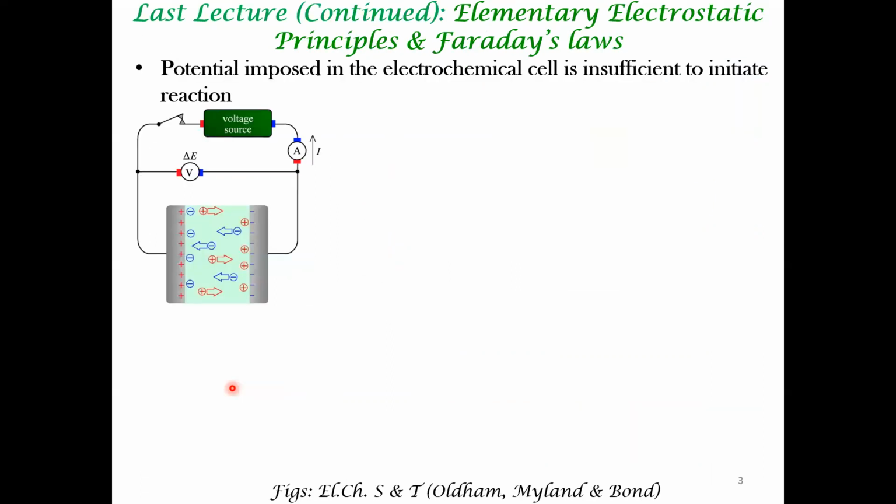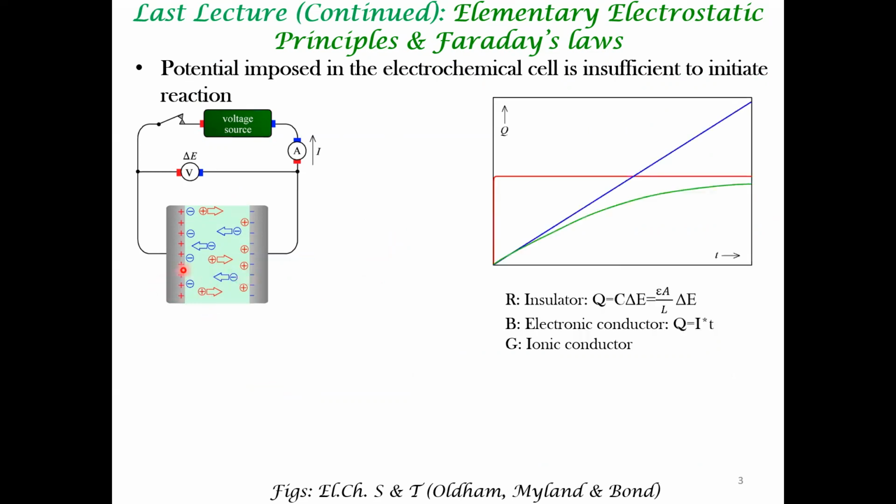We also looked at the contrasting behavior of insulators, electronic conductors, and ionic conductors. Supposing you have an insulator between these two charged plates, and you impose a potential. What we are plotting here is Q versus time.